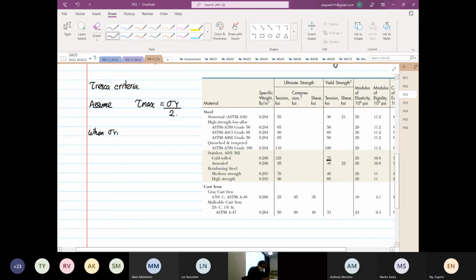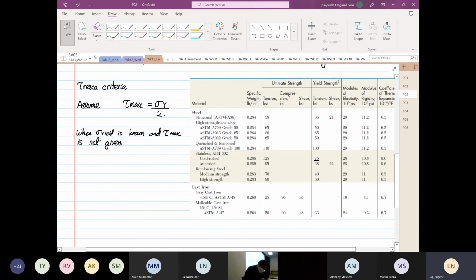So if stress U is known and tau U, or tau max, is not given, like for this case, our AISI 302, which I think is an austenitic stainless steel, and it is cold rolled.